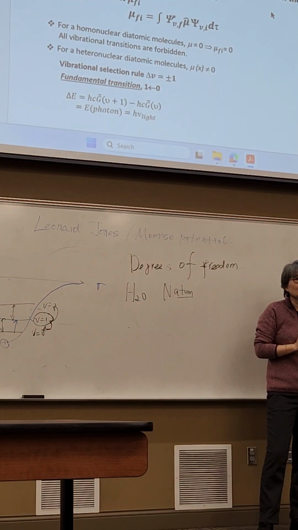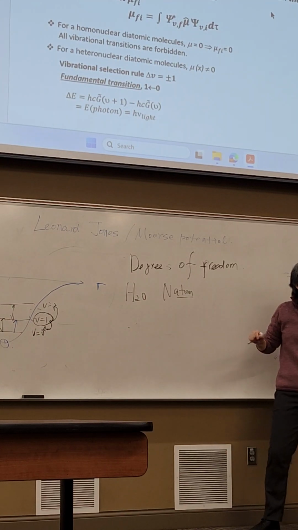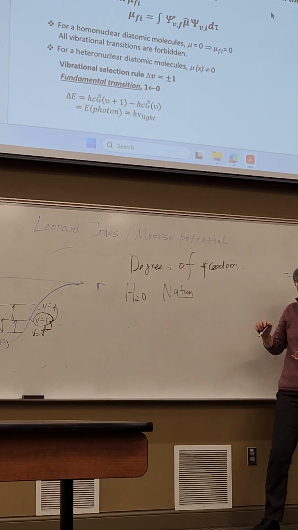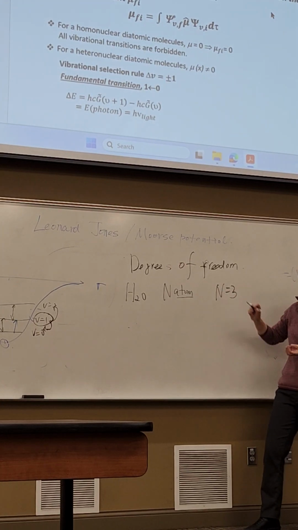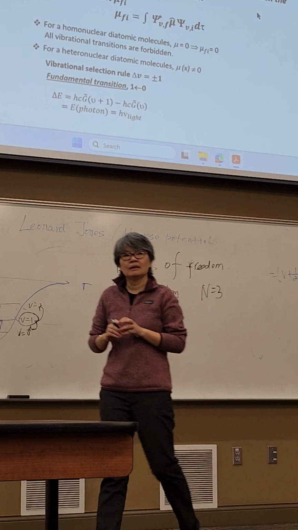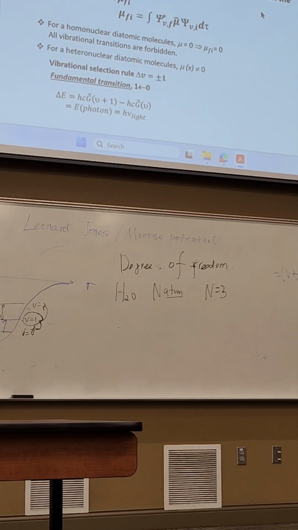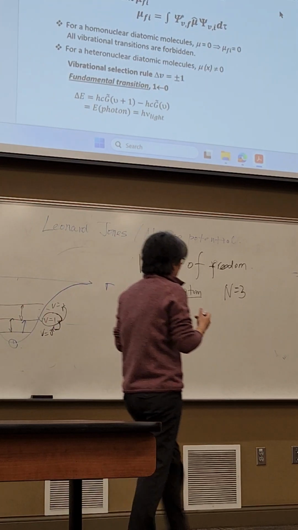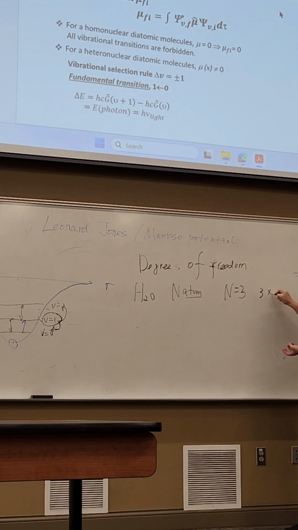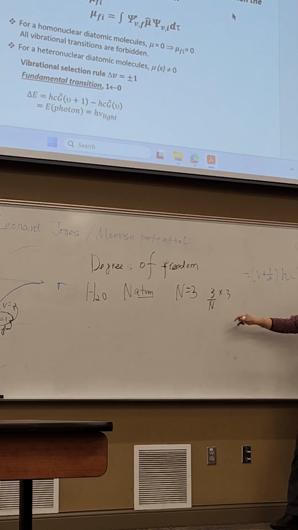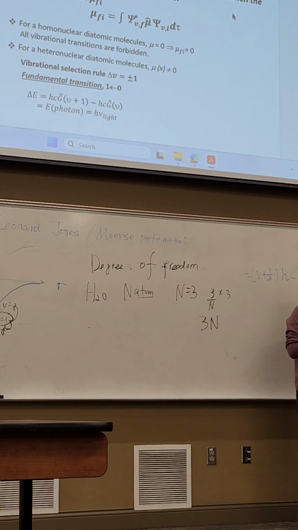How many atoms in the water molecule? 3, right? 2 hydrogen, 1 oxygen, so N equals 3. Now, for each of the atoms, how many degrees of freedom do we use to describe it? 3. So 3N degrees of freedom.